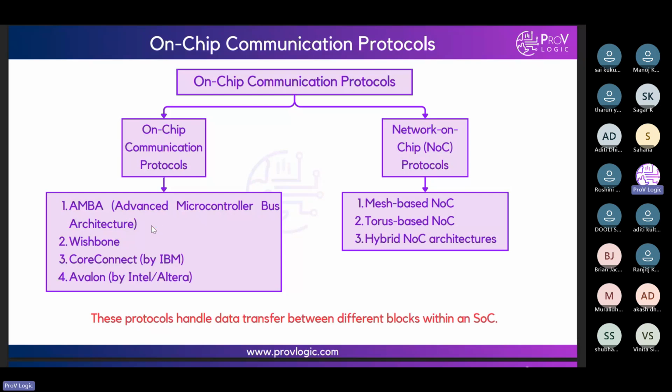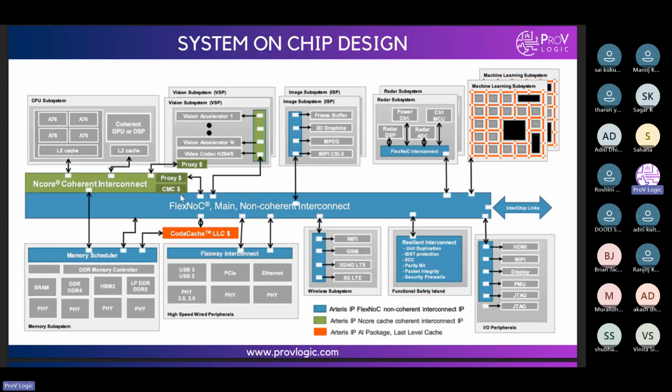In this, we have three types of AMBA protocols: APB, AHB, AXI. APB, AHB, AXI are bus interconnects. Whatever blue color we are seeing here, all these are AMBA protocols only.